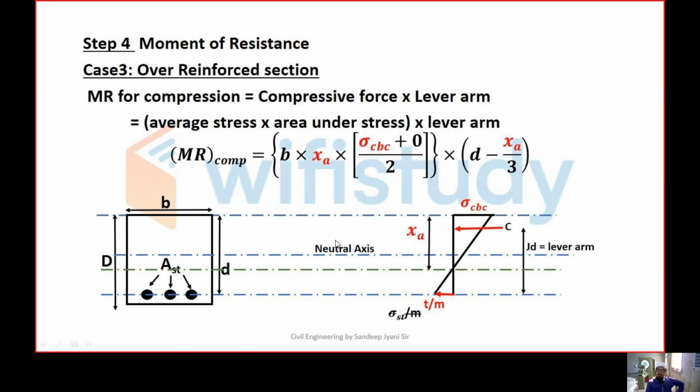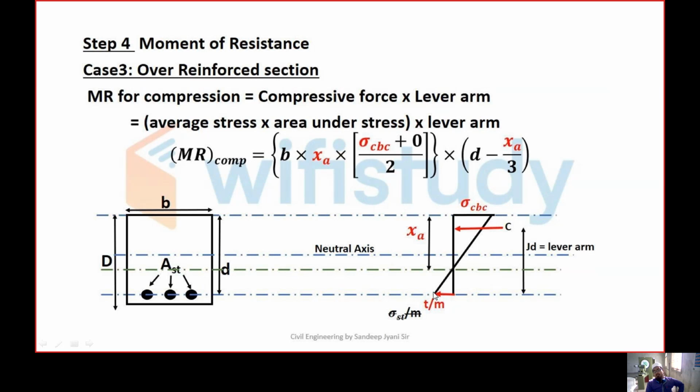The critical depth is denoted by XC, and the actual depth is denoted by XA. The maximum compressive stress is sigma cbc and the maximum tensile stress is sigma st by m.